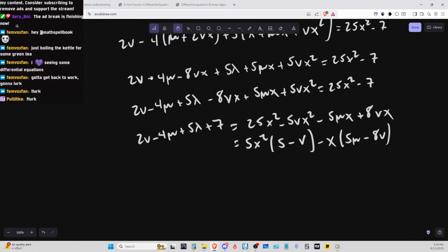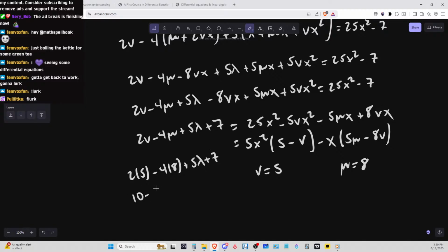Yeah, this is where it's gonna get a little bit messy. If we make this 0, let's say if we make it equal to 5, and then this will be 40, and then this will be 8. So then we'll have 2 times 5 minus 4. Now we just have to figure out lambda here.